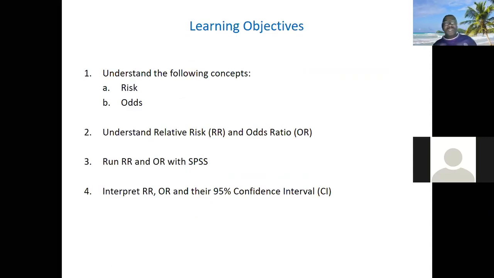Now, the objective of the lecture is for you to understand the concept of risk and odds, then understand relative risk and odds ratio. Then, for people that have attended the workshop, how to calculate relative risk and odds ratio with SPSS.